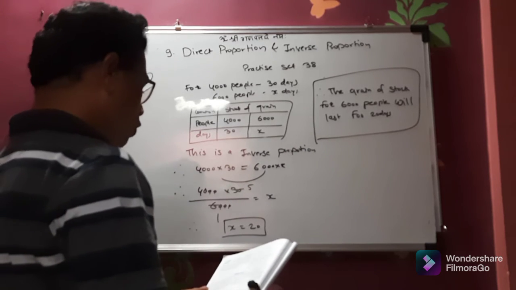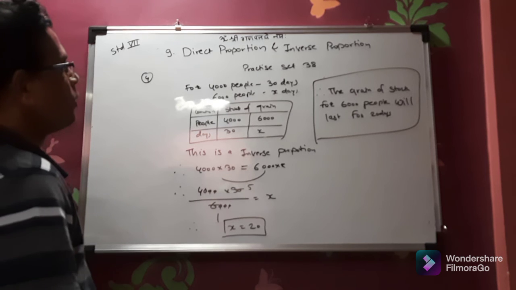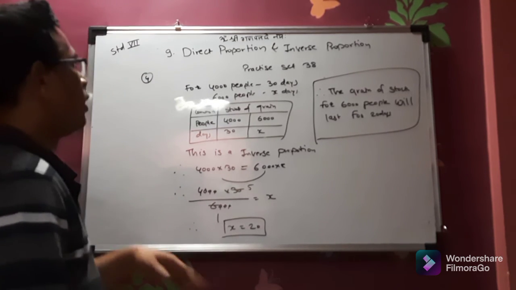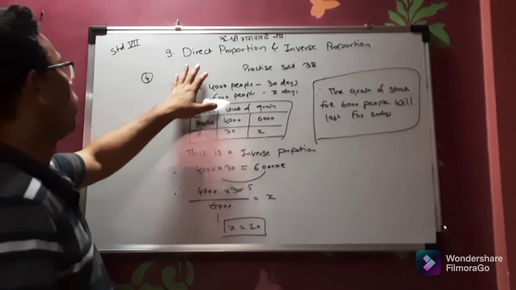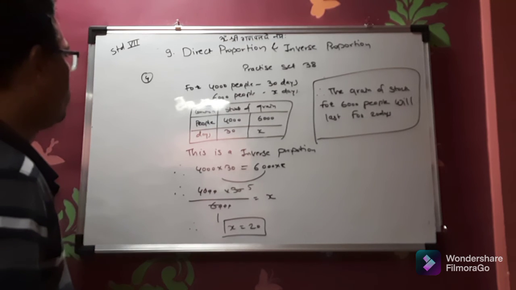Now we have solved all the 4 problems of practice set 38. All these problems were based on inverse proportion. In the earlier video we have solved all the problems related to direct proportion. Hope you have understood all these problems.